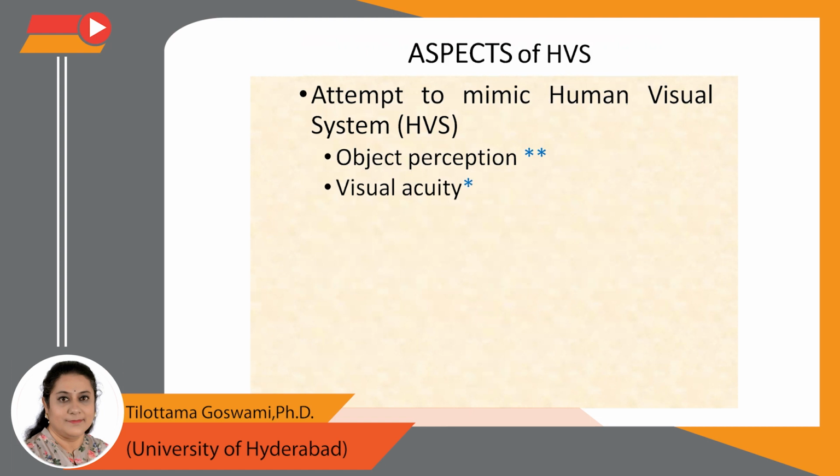Another important factor of the human visual system is visual acuity. The spatial resolving capacity, which enables the eye to see fine details, is termed visual acuity. To represent the surrounding environment, both eyes and brain work in tandem for capturing the region of interest.